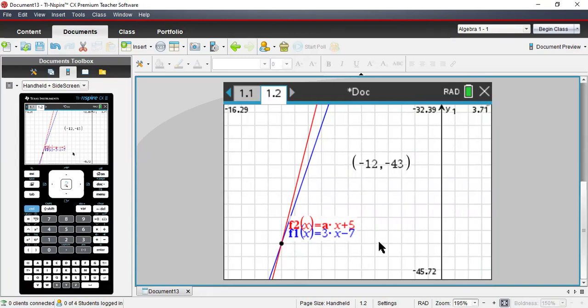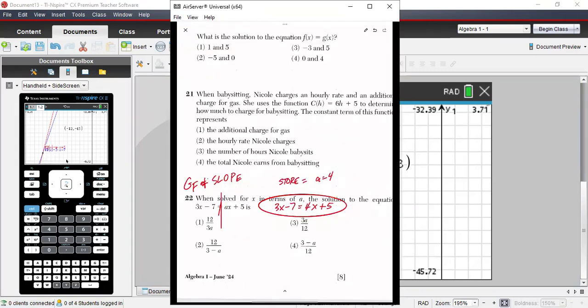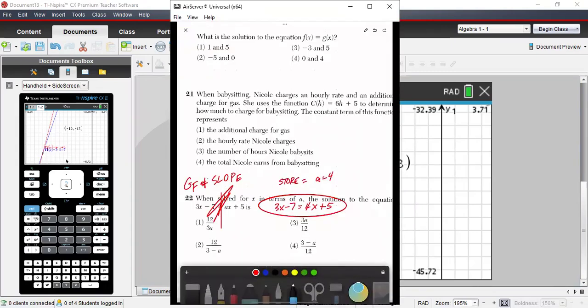Now let me do this algebraically real quick. Let me clear all of this stuff out. All right, so here's the equation. Basically, we got 3x minus 7 equals ax plus 5. So I'm going to move this ax over by subtracting ax.